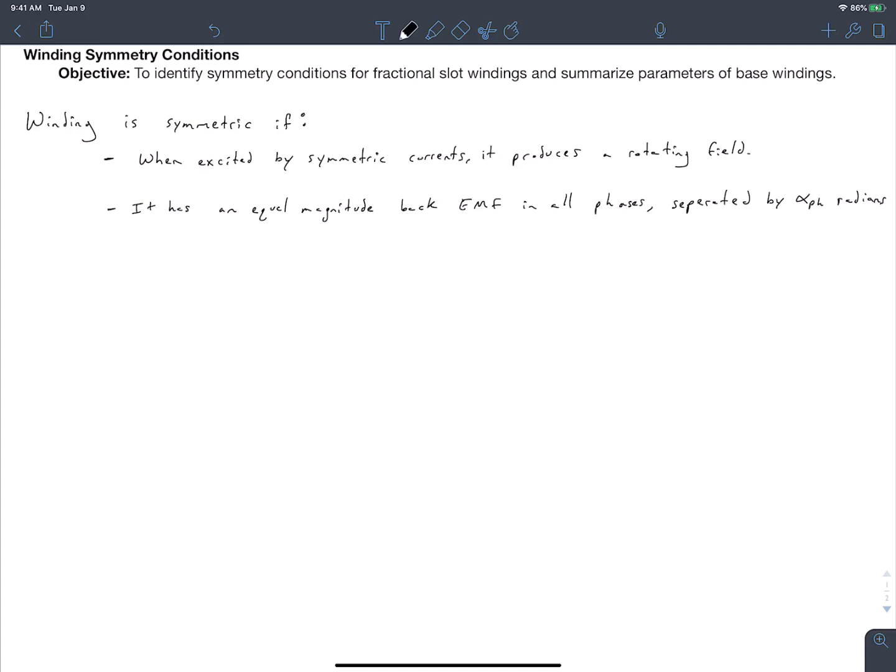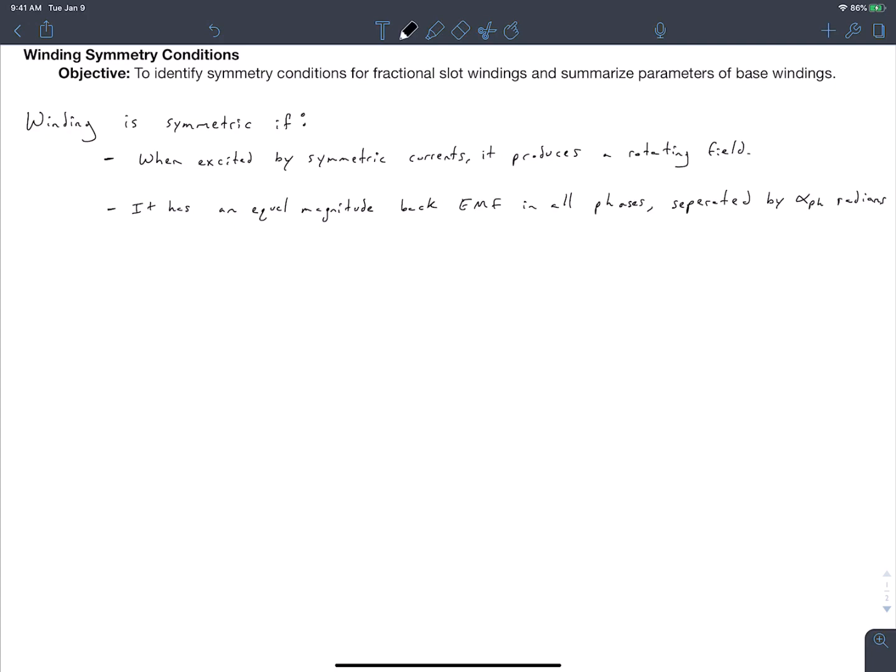The second definition is in terms of the electric behavior. So the first definition was in terms of the magnetic behavior, the second definition is in terms of the electric behavior, and the second definition states that a winding is symmetric if it has an equal magnitude back EMF in all phases, which is separated by α_ph radians.